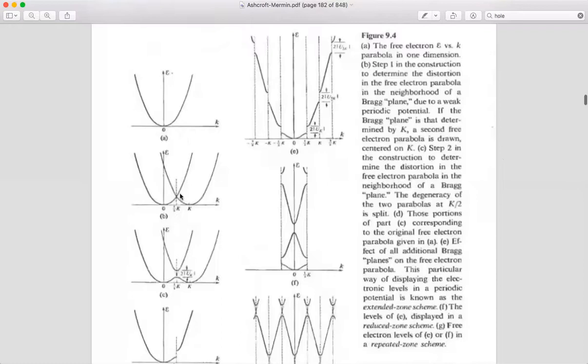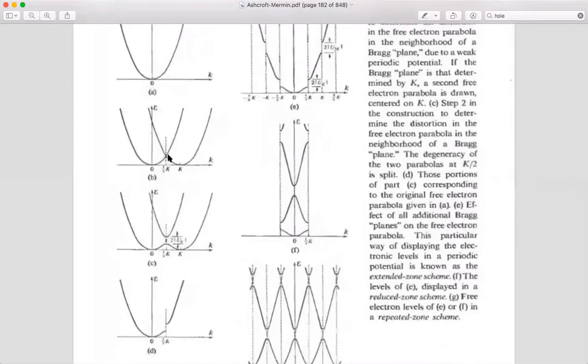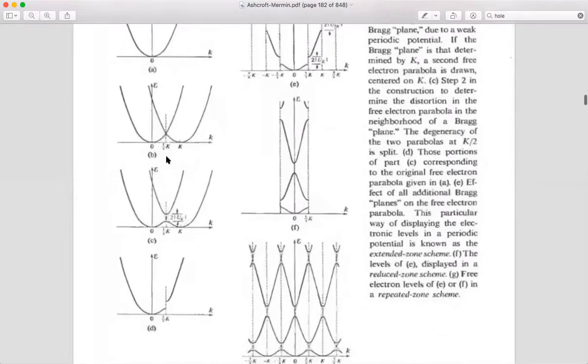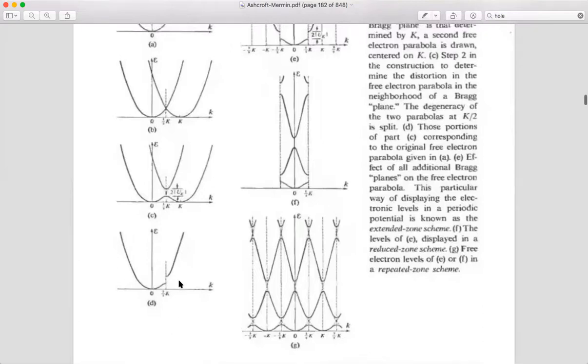And then when I have a periodic potential and the corresponding periodic lattice and reciprocal lattice, this parabola is repeated around, they call it K, I call it G. So here is the degeneracy we are talking about on this Bragg plane. And there is a splitting, which is equal to twice of UG. So basically this gets split here. This is this branch, and then there is a splitting, and the parabola continues here. So there's a discontinuity.